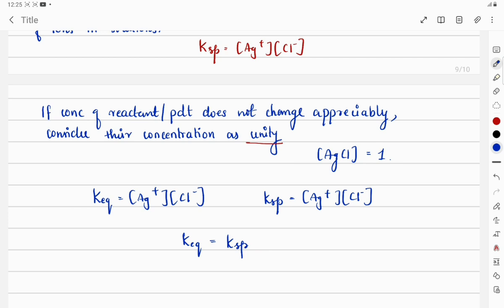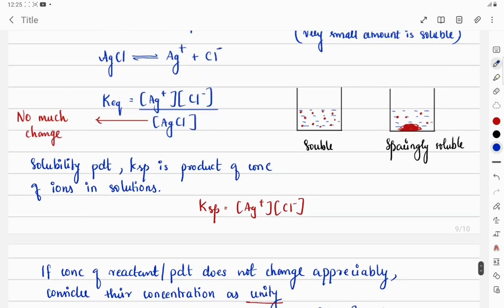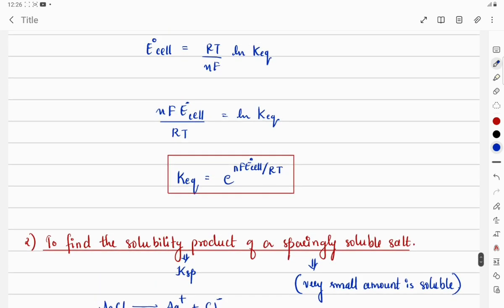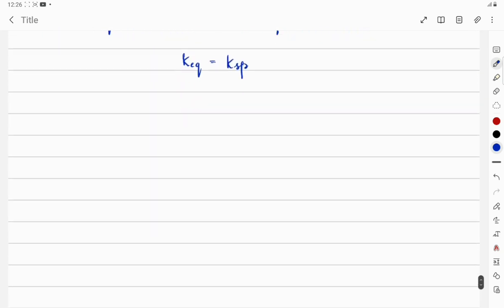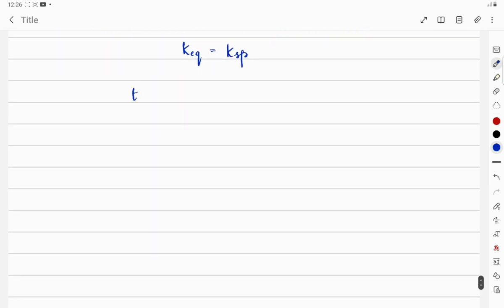Just as above, we have found the equation for K equilibrium. The same equation I can use for KSP also, which means now I can write E0 cell. This is an equilibrium, so my E cell will be 0. So E0 cell is equal to RT by nF ln K equilibrium, but I'm going to replace it with KSP.